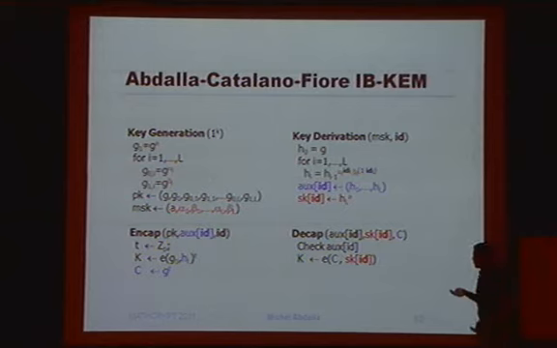Though I didn't formally introduce it here, this is not really a standard IBKEM scheme, because in order to encrypt for a given identity, we need this value Ω_ID here, which you need to know the master secret to compute.